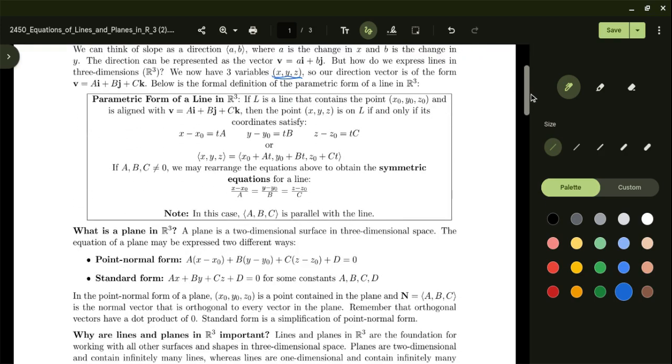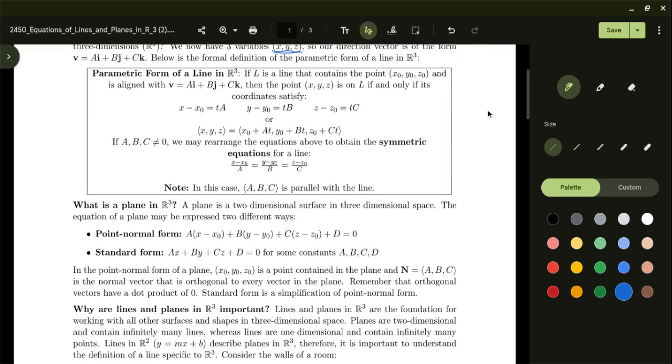And so here we have a formal definition. If you'll recall, we have worked with parametric forms of lines in two dimensions, which are very similar to this, but now we have the third dimension, so we need a third equation for z. One thing I want to point out here is that these knots, so the x naught, y naught, and z naught, that is a point, so we'll get that from an ordered triple that is on the line that we're looking for.